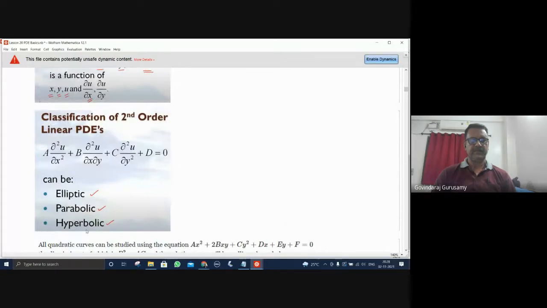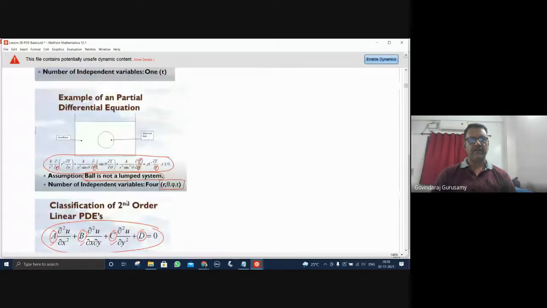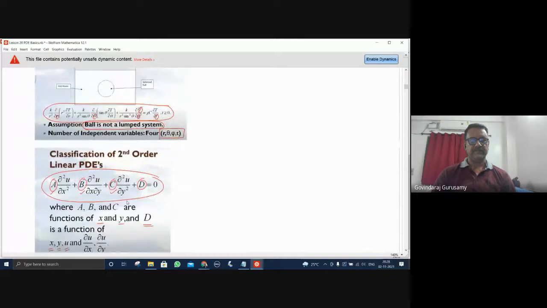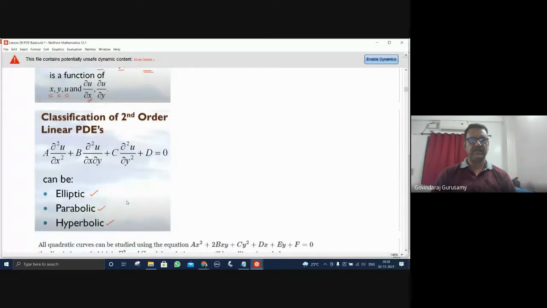Any guess? We'll see that. What could be the possible origin for classifying them? They have this type of an equation, and it will fall into either elliptic, parabolic, or hyperbolic.